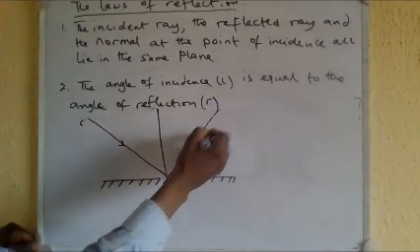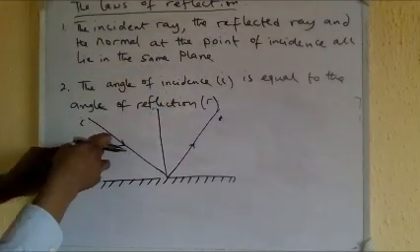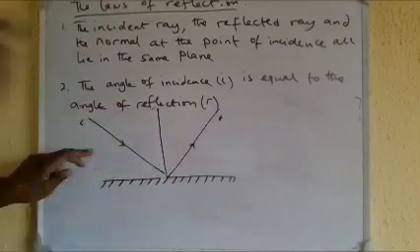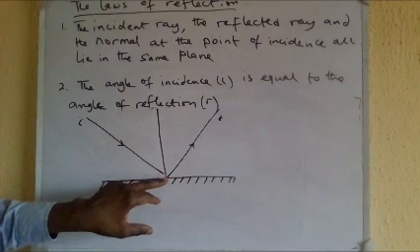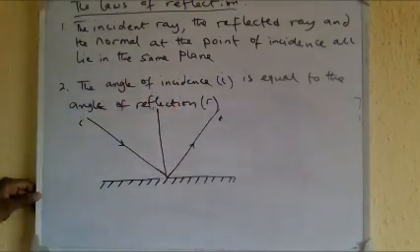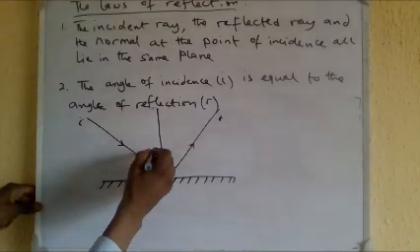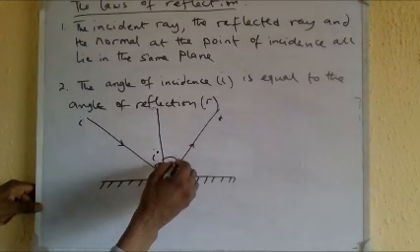So that first one is saying that the incident ray, this one, the reflected ray, this one, and the normal all lie on the same plane at the point of incidence. So this is the point of incidence. They are all together. Second law says that the angle of incidence, let me call this one I degree, and the angle of reflection.